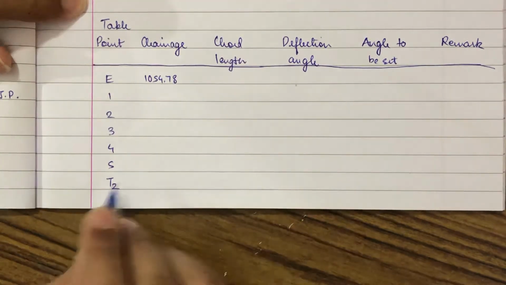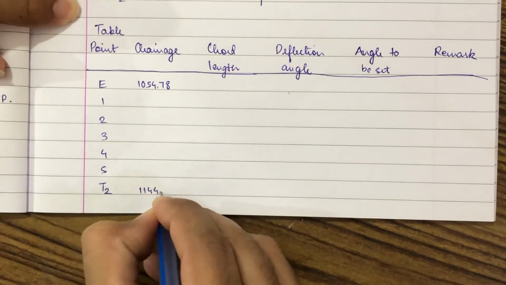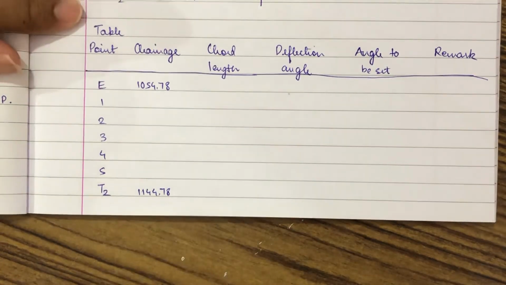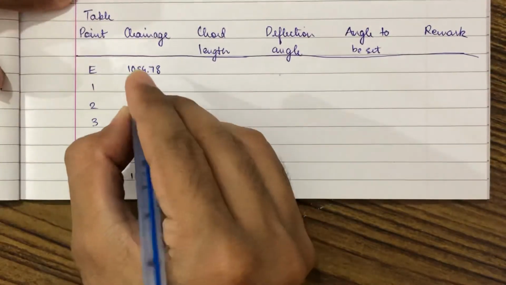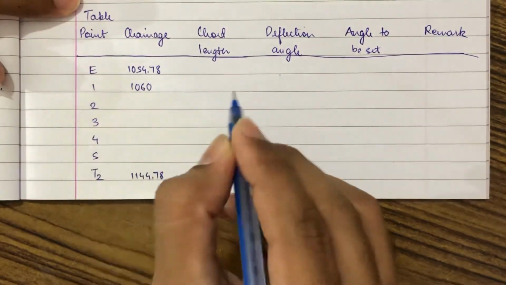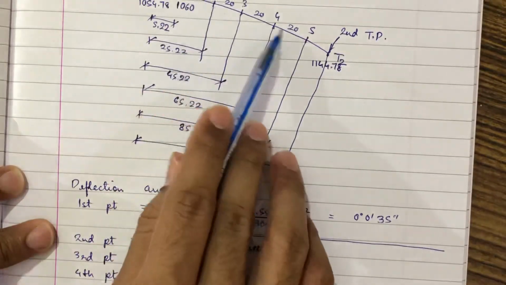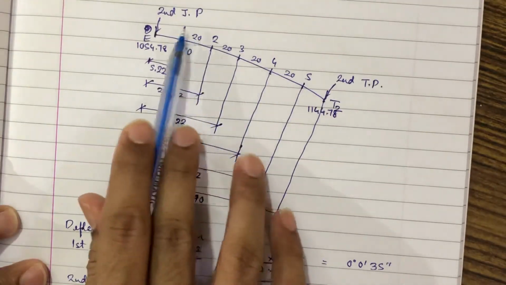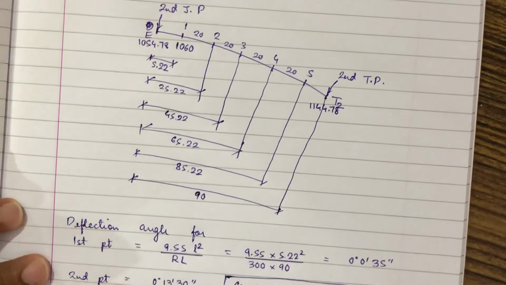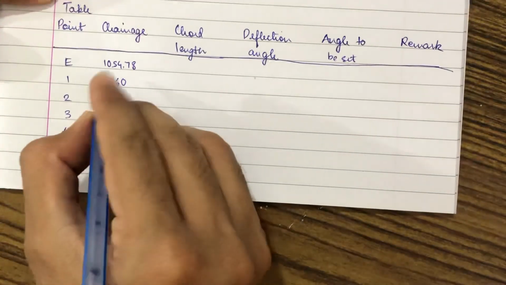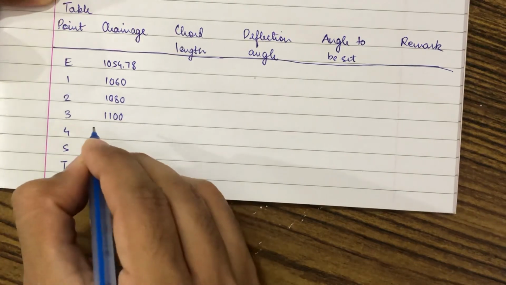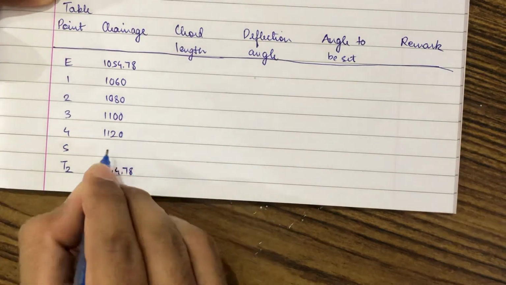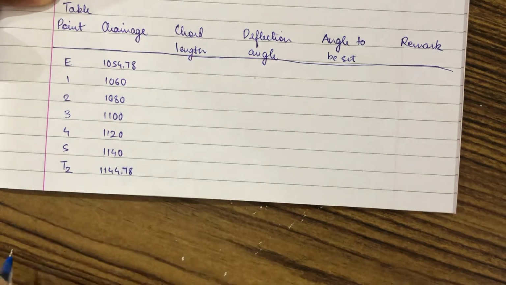The chain edge of point 1 is 1060, and all the other values are to be added up by 20, because the chord length is given as 20, the peg interval is 20. So this will be 1080, 1100, 1120 and 1140.